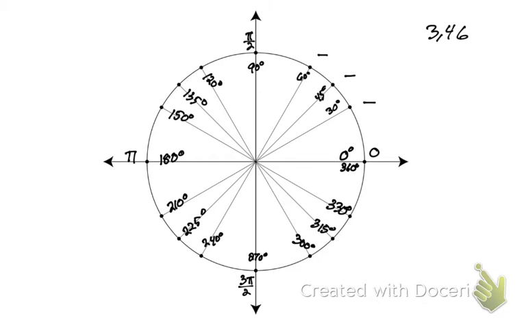So this denominator is going to go 2, 3, 4, 6. And then we're going to go to the other side, which mirrors it. I'm going to count down as well: 2, 3, 4, 6. And what's going to happen down here?